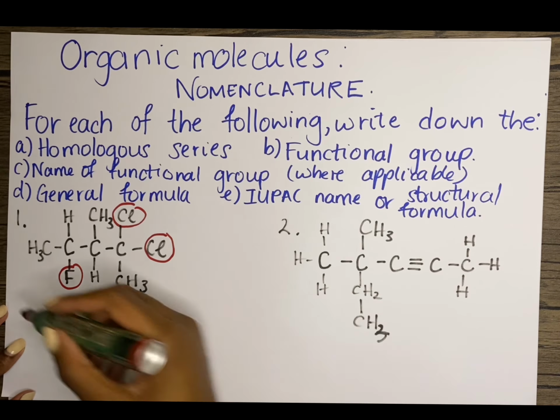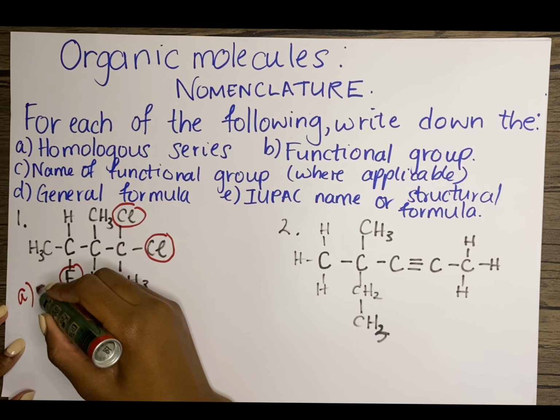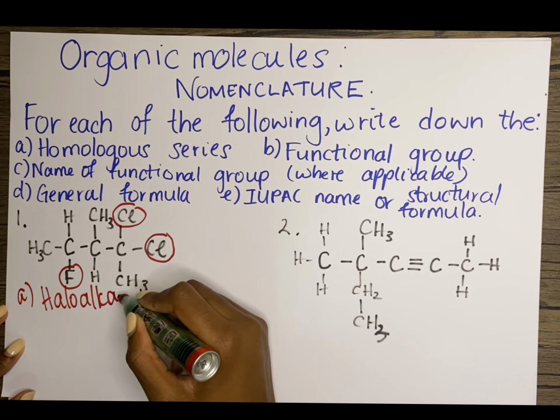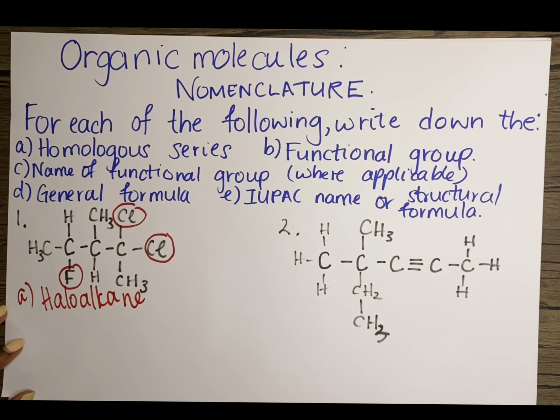So this means that the homologous series must be a haloalkane, right? And then if you check again, the functional group of a haloalkane, that would be for B.